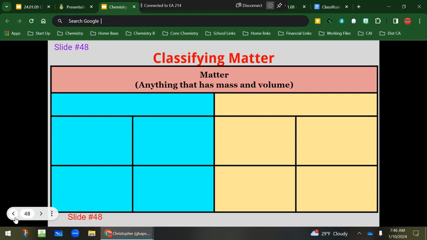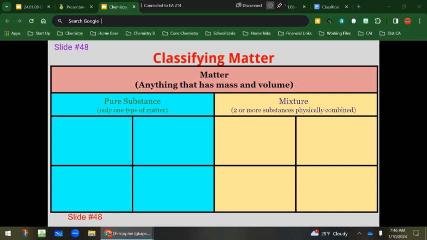All right, so when we classify matter, the two ways that we separate it are, number one, a pure substance. A pure substance is when there is only one type of matter.